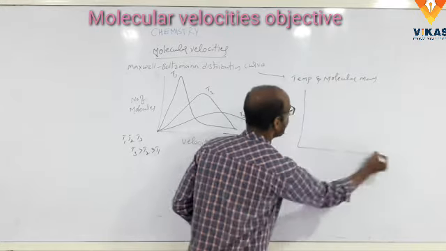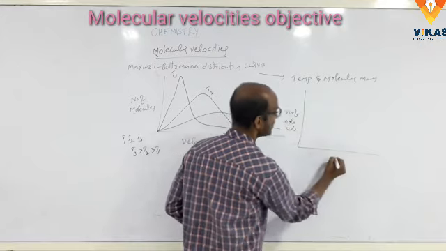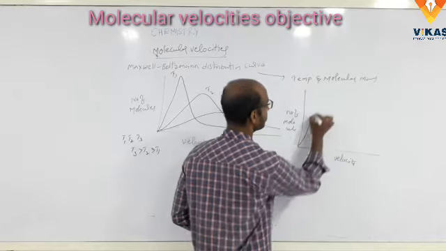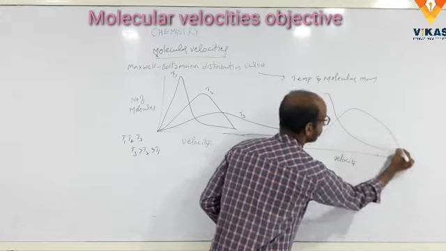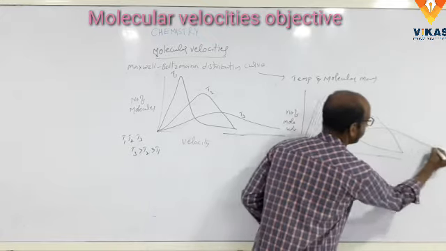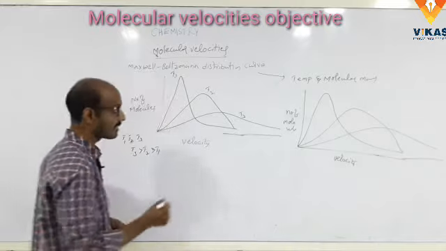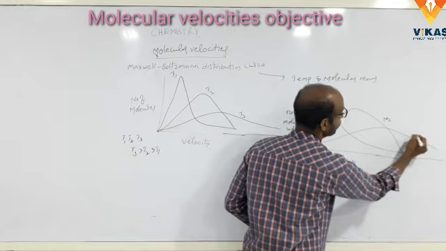We also draw the graph between the number of molecules versus velocity at different molecular masses, M1, M2, M3, and finally it becomes broader.